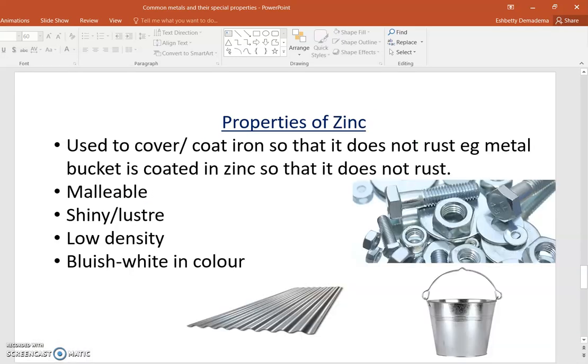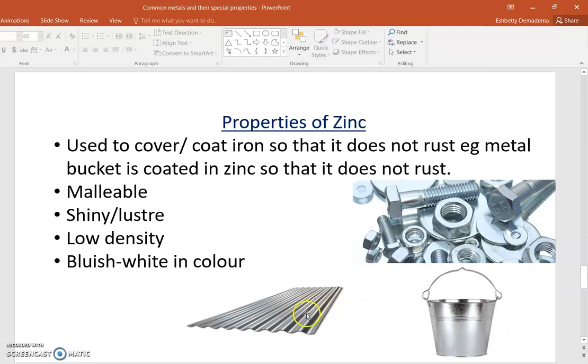Alright, then we move on to our next one, which is the properties of zinc. Okay, zinc is used to cover iron so that it does not rust. It's used to coat the iron so that it doesn't rust. For example, I've given these examples before. You've got your corrugated sheets, you've got your water buckets.